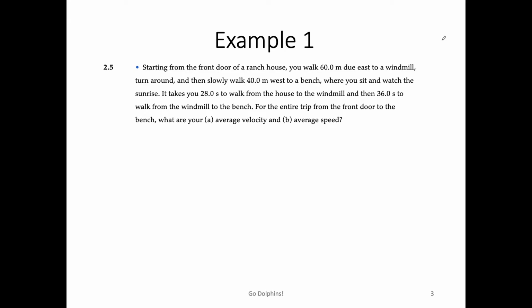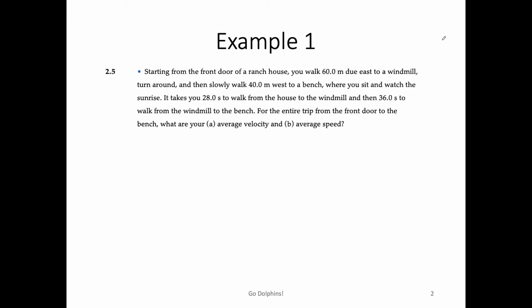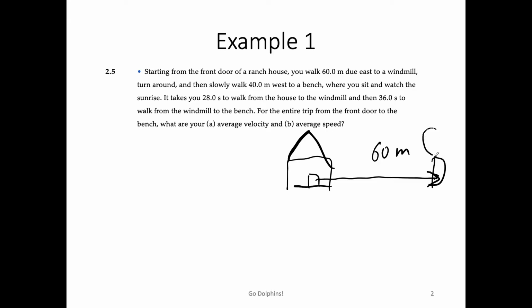We try to have a better understanding of the difference between average velocity and average speed. So in this one it says you start moving from a front door, from a house here, and you move 60 meters to a windmill.